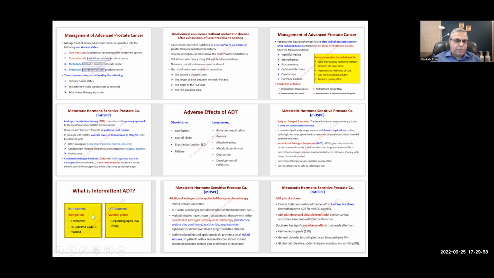Then I gave you the definition of intermittent androgen deprivation therapy. And then in metastatic hormone sensitive, we added other drugs like docetaxel and abiraterone, prednisone. And we said that ADT plus docetaxel has better results than other therapy in metastatic hormone sensitive prostate cancer.